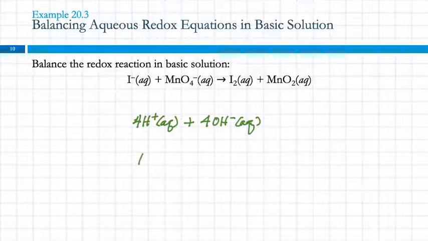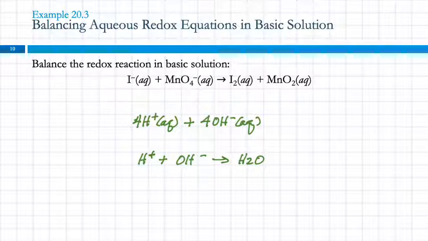It's that acid-base neutralization net ionic equation. So 1 hydrogen ion and 1 hydroxide ion will get together and make a water molecule. So then 4 hydrogens and 4 hydroxides will react and form 4 water molecules.